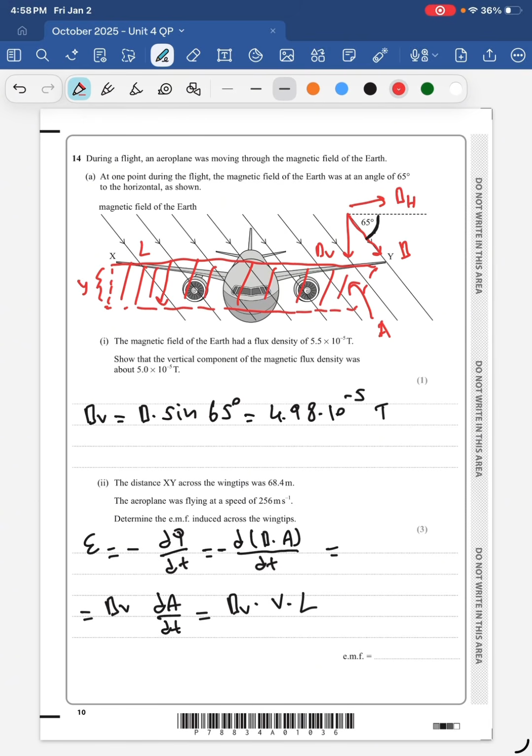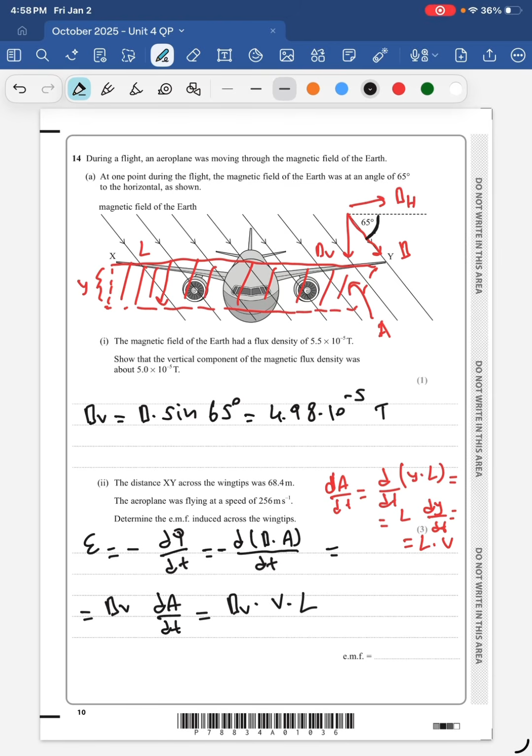So if we go to this dA over dt, we will see that we have to work with d over dt, and then the area of that rectangle is y times L, but L is constant, so we are left with dy over dt, which is nothing but L times v, where v is the velocity of the plane as it moves in the y direction, outwards of the page. I hope this makes sense. If it doesn't, ask me in the comments and I will try to come up with a better explanation.